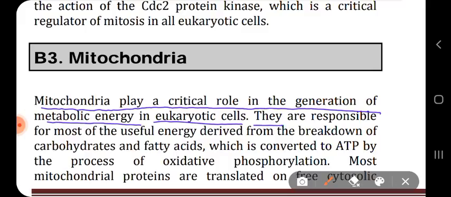You have already learned in class 12, and also a bit in your biochemistry, that mitochondria are responsible for most of the useful energy derived from breakdown of carbohydrates and fatty acids.